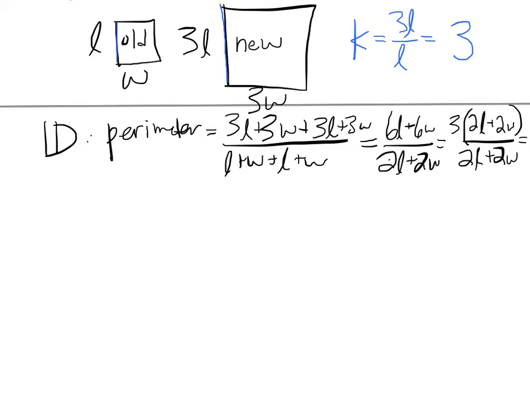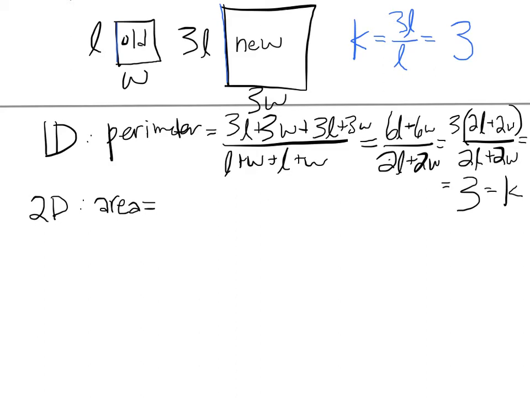So that, I'm going to write it right over here, will equal just 3, which equals our K. So when we're doing perimeter, the scale factor is just the same as our regular scale factor. Okay, but what if we're doing something in 2 dimensions? So what if I'm finding the area?